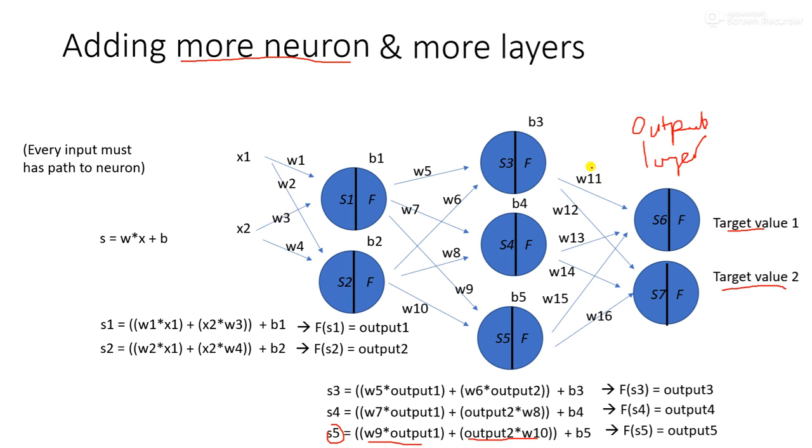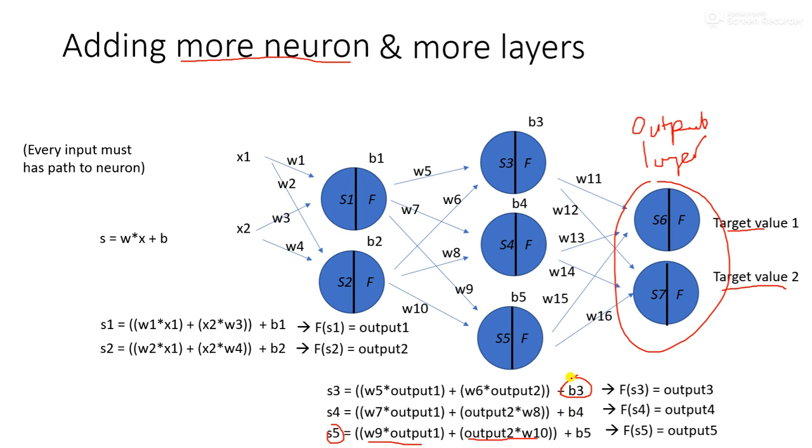So W11 multiplied by output 3, summed with W3 multiplied by output 3 and so on. You can count yourself, similar to this. But this time we don't have bias.